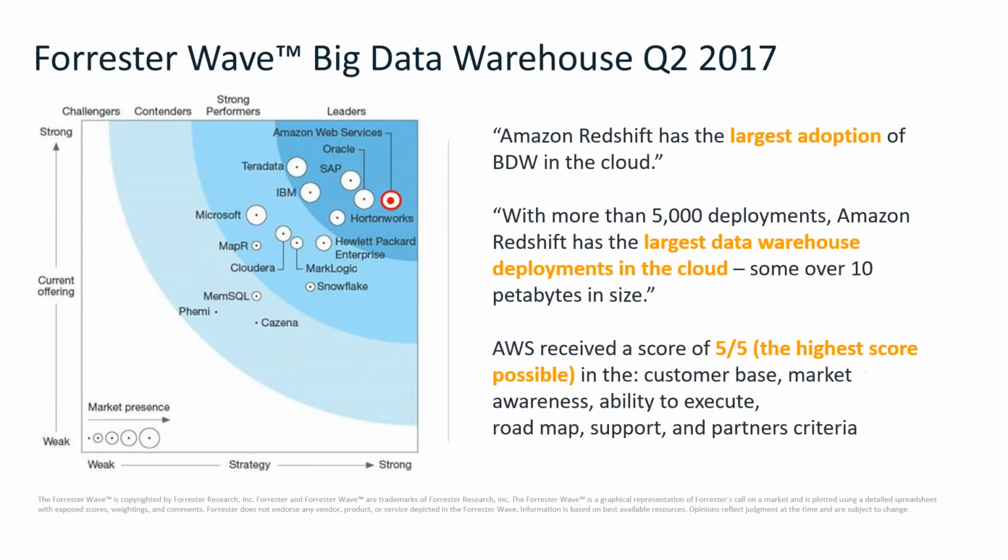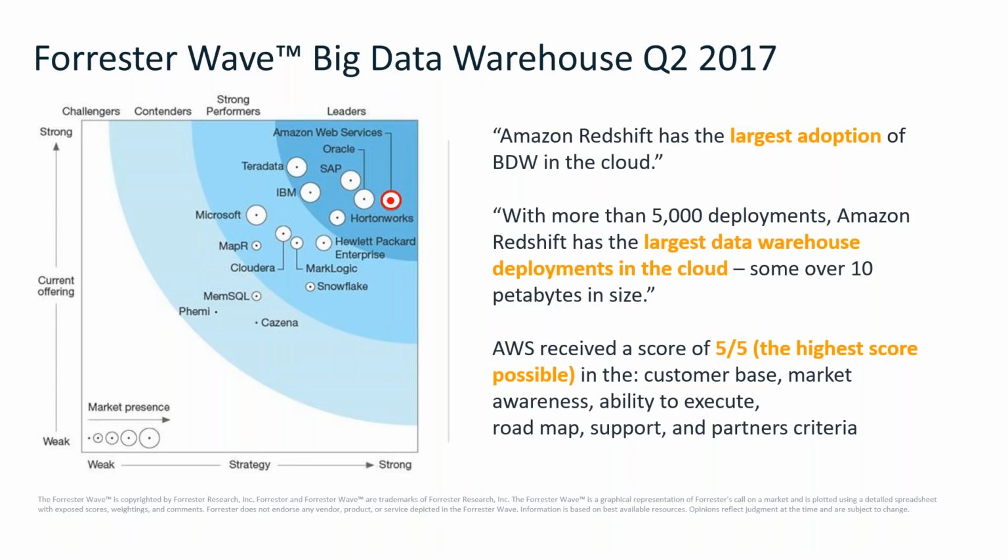And the second third-party validation I would go through is from 2017, the Forrester Wave, where Forrester called out that Redshift has the largest adoption of any data warehouse in the cloud. And Forrester estimates over 5,000 customers globally have actually deployed in production on Redshift, and gives AWS and Amazon Redshift a high score for its customer base, market awareness, and ability to execute.